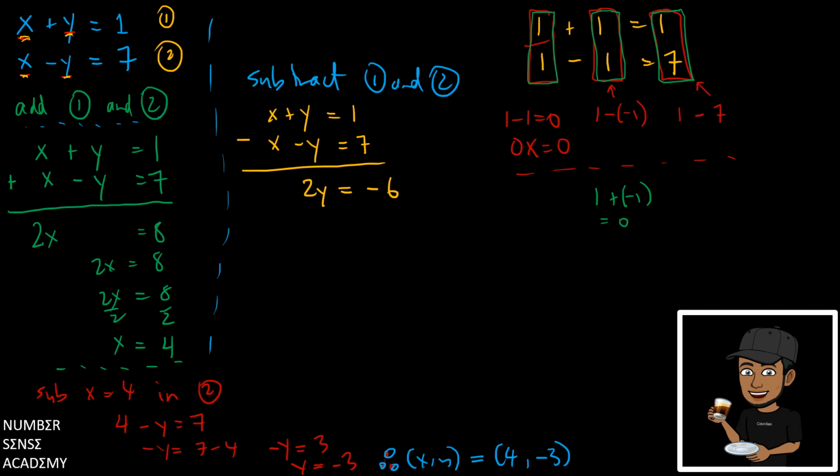So now I divide both sides by 2. I end up with y is equal to negative 3. No surprise there. That's what I got right here. And then I'm going to sub y equals negative 3 in equation 1. Just pick one.